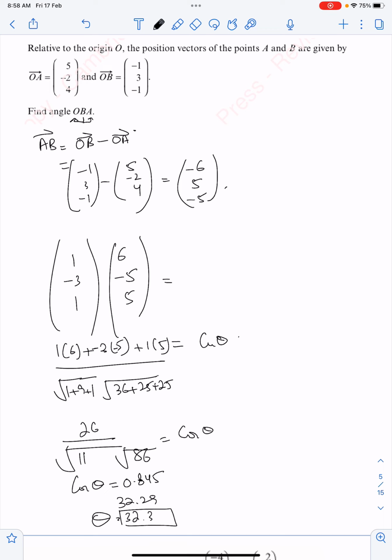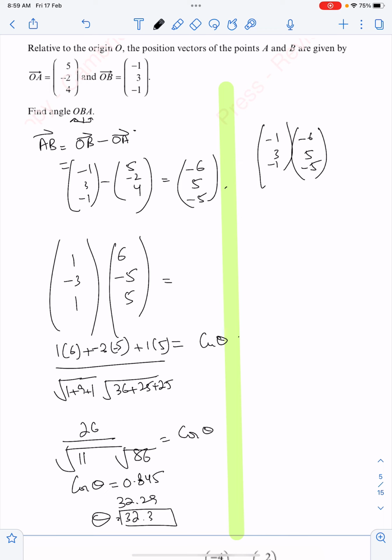Okay, you can even take it as OB and AB. Even if I take OB and AB, in that case OB is minus 1, 3 and minus 1, and AB is minus 6, 5 and negative 5.